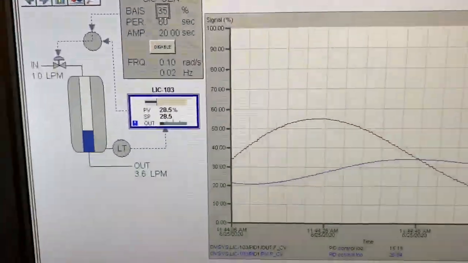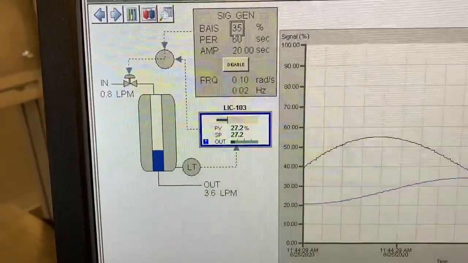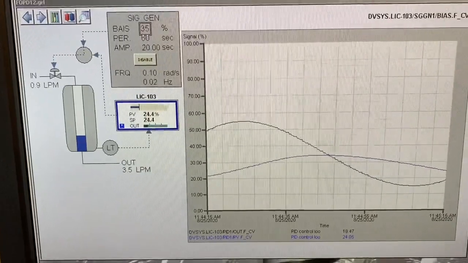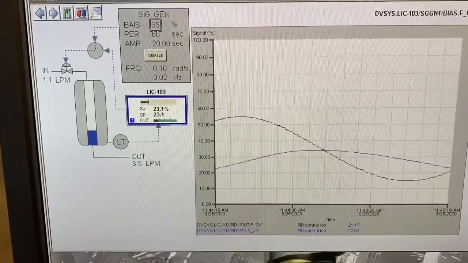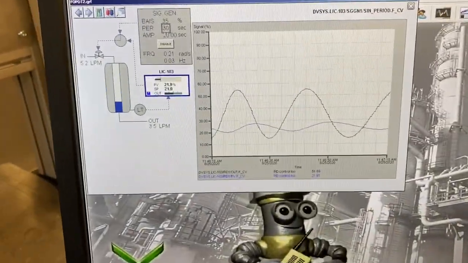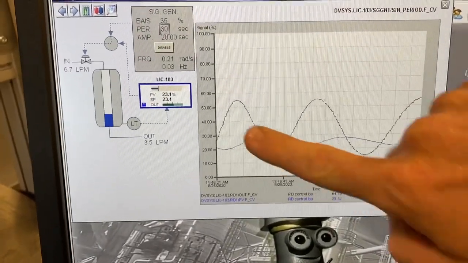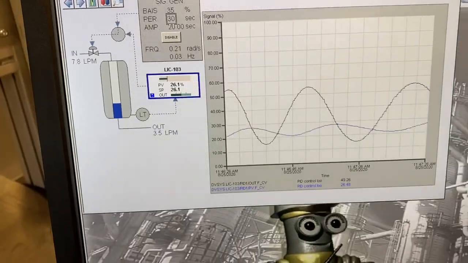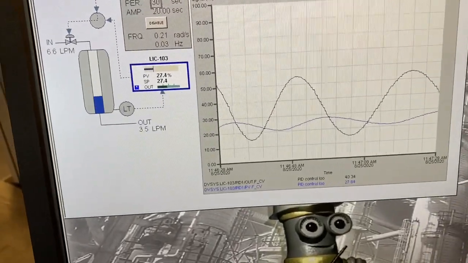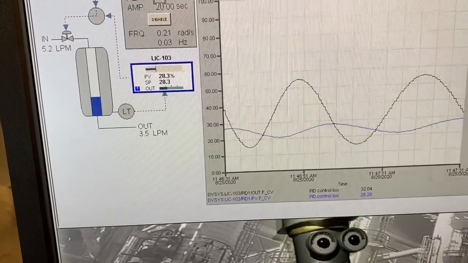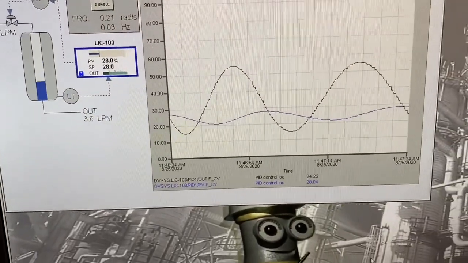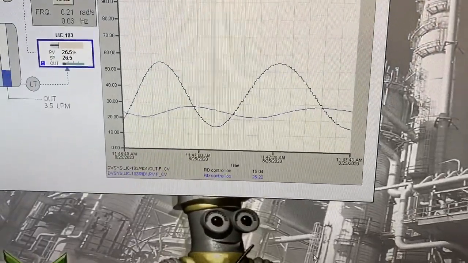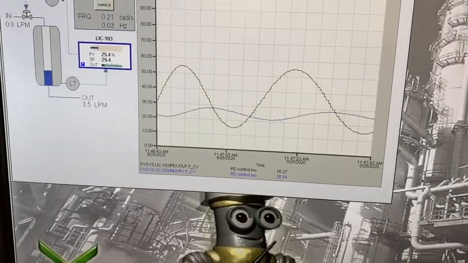Okay, so now we're going to change to a new frequency for this and see what that does to our first order process. All right, so now I have adjusted our frequency here again. Period is 30 seconds to complete the wave. And we're going to grab our peak-to-peak value for our process. So it looks like we're coming down here right now.